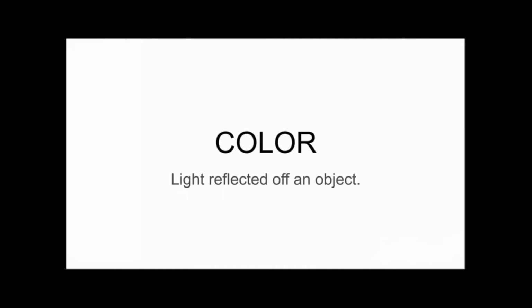So color, to put it in the simplest of terms, it's light reflected off an object. And we're going to talk more about color theory on Monday. I don't want to overwhelm you guys with stuff, so let's just look at color. Oh, it's loading.